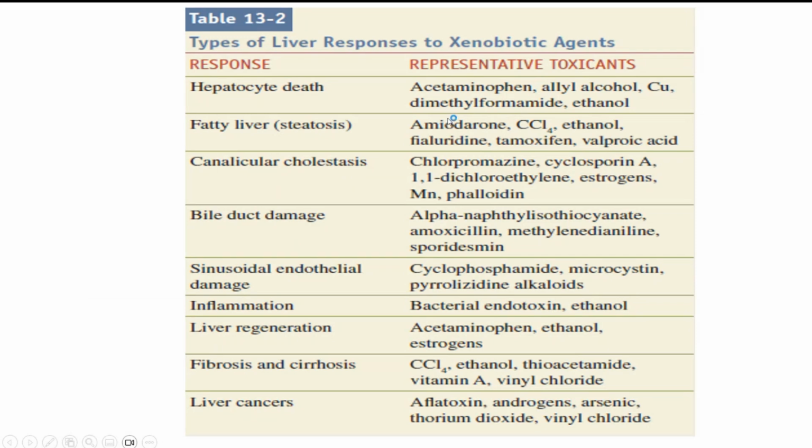The various toxicants are majorly: acetaminophen for cell death, amiodarone for fatty liver, chlorpromazine for canalicular cholestasis, alpha-naphthyl isothiocyanate for bile duct damage, cyclophosphamide for sinusoidal endothelial injury, bacterial endotoxin and ethanol for inflammation, acetaminophen again for liver regeneration, estrogen again, and for fibrosis and cirrhosis, carbon tetrachloride, ethanol, thioacetamide, vitamin A, vinyl chloride, and for liver cancer, aflatoxin, androgens, etc. So let's look at each one by one.